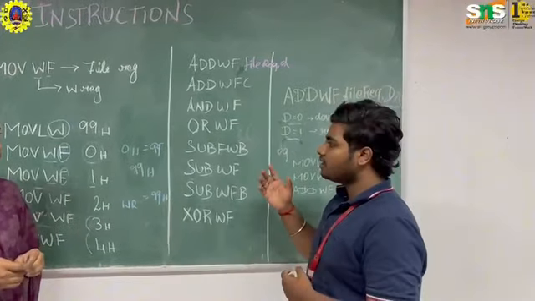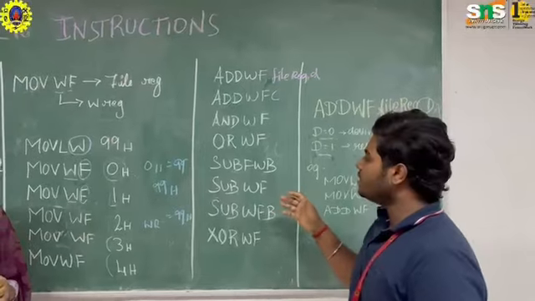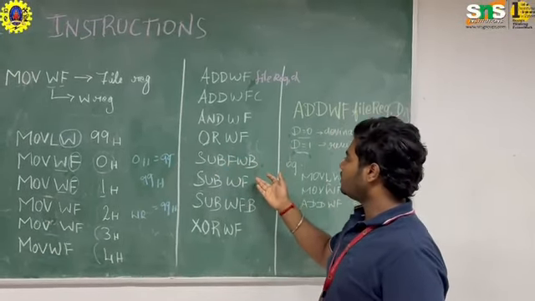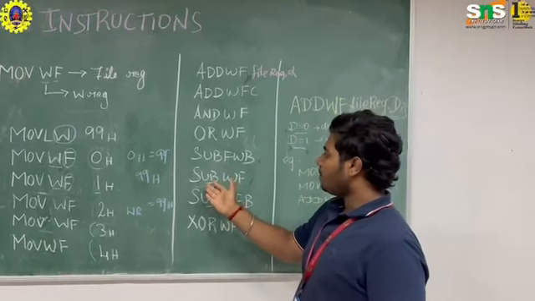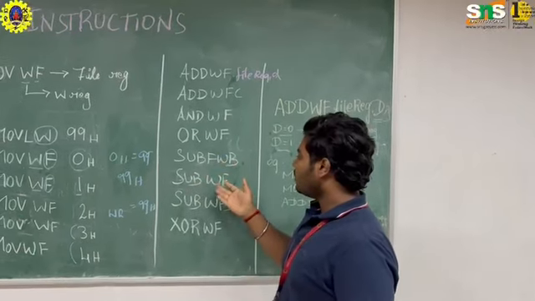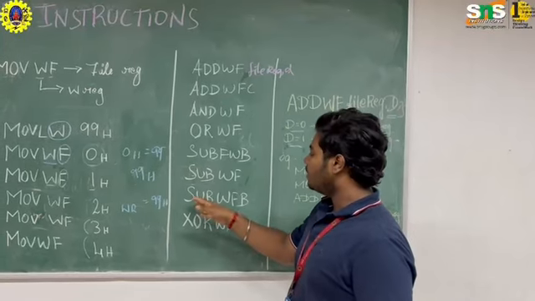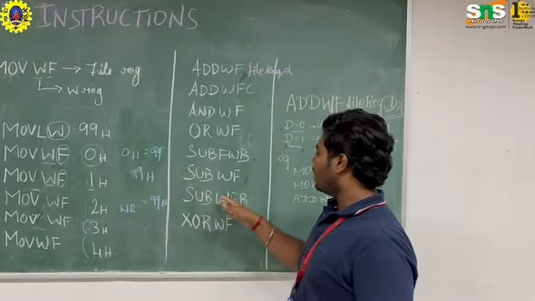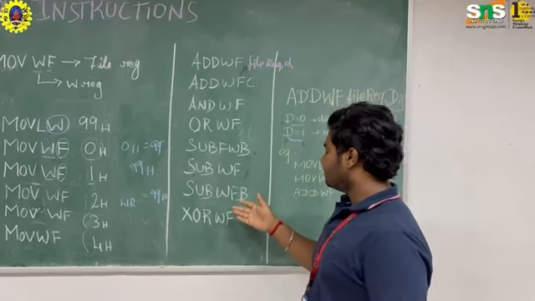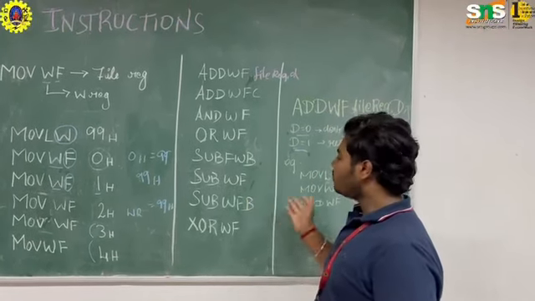In subtraction, the instruction SUBFWB represents subtracting the work register from the file register value with borrow, and SUBWF represents subtracting the work register from the file register value, and SUBWFB represents subtracting the work register from the file register value with borrow.